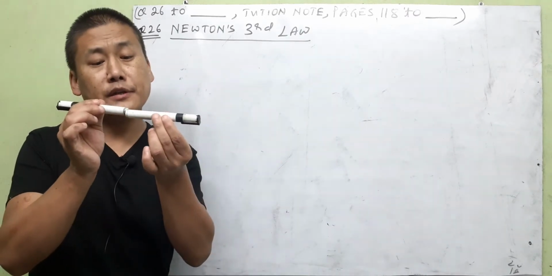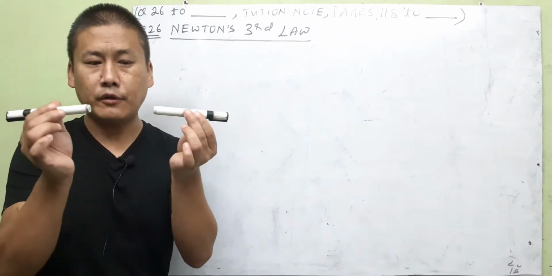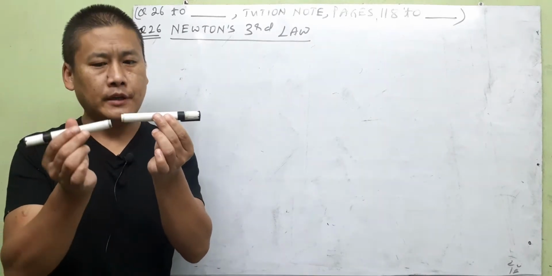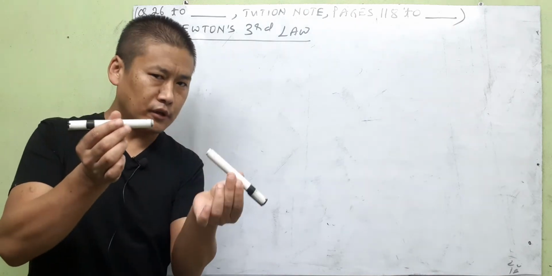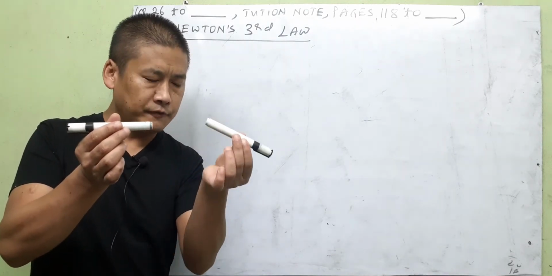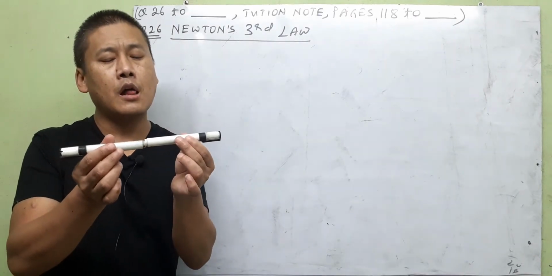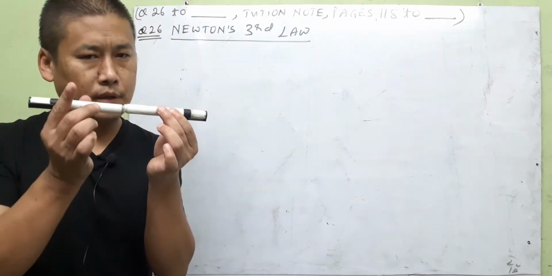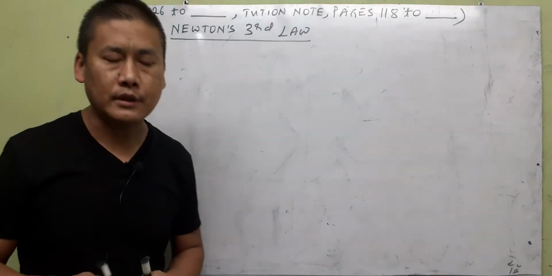The second object, this pen, the force is exerting from right to left. So they are opposite. When they collide, each will exert a force on the other. And the force applied by the first object on the second object, and the force applied by the second object on the first object when they collide will be equal, number one. And number two, they will be opposite in direction. So that's what Newton's third law is saying.